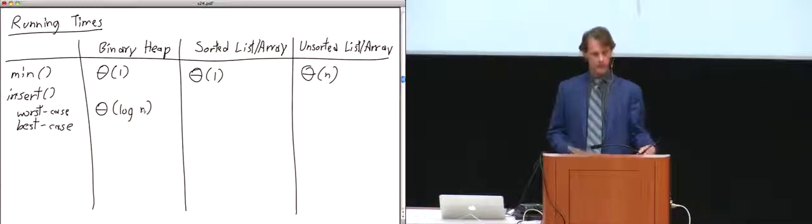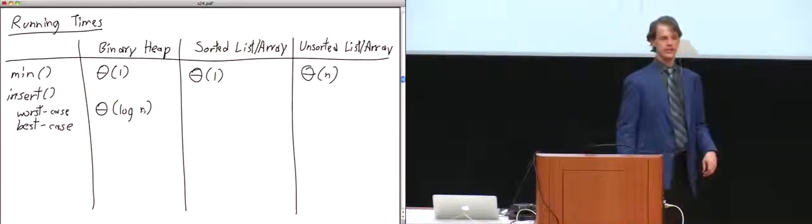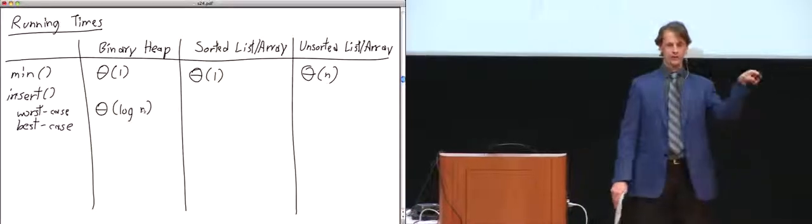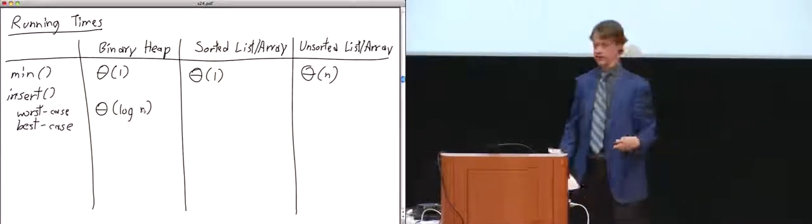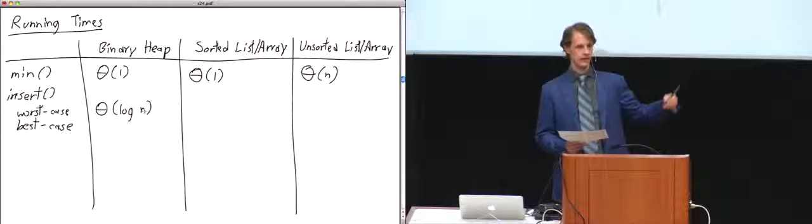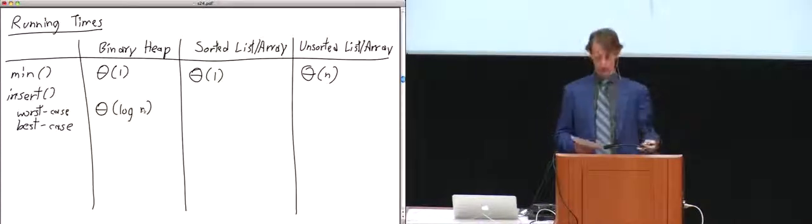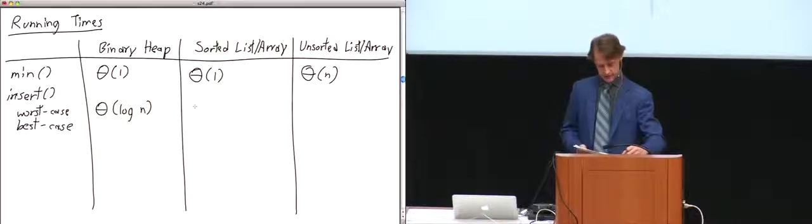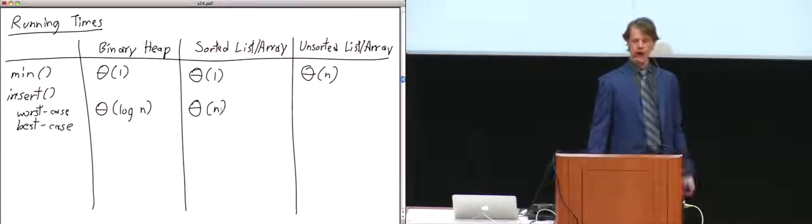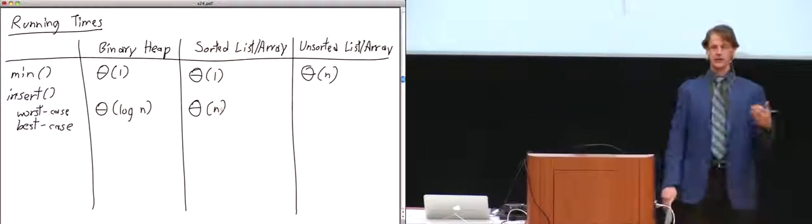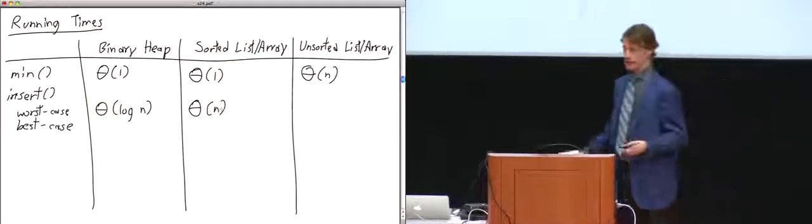When you are doing insert on a sorted list or a sorted array, you actually have to find the right place to insert the thing that you're inserting. Then, if it's an array, you have to move a bunch of items over to make room for it. So that's going to be slow. That takes theta n time. If you have an unsorted list, inserting something is really fast. You just add it to the end.